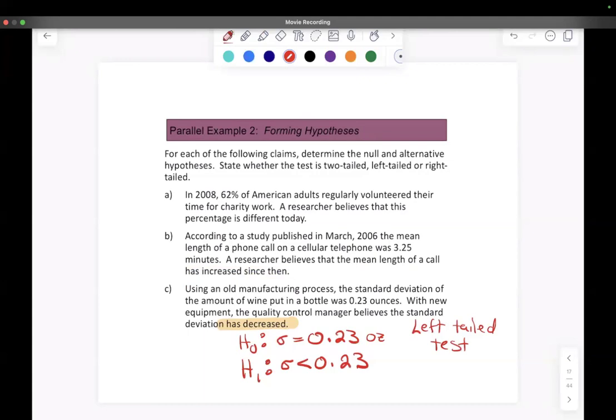That's why it's left-tailed. So you'll be asked, is it right-tailed, left-tailed, or two-tailed? And you'll be asked to write out the null and the alternative hypothesis. 10.1 should be a pretty quick assignment, so you don't have to calculate anything. Questions before we move on?